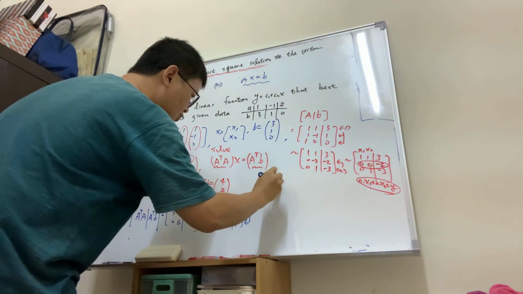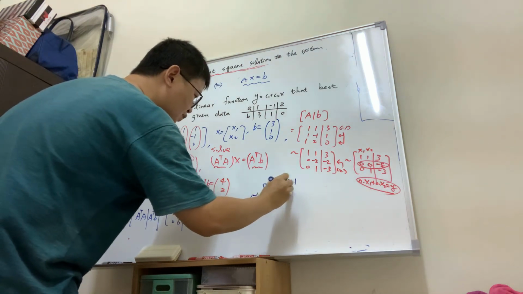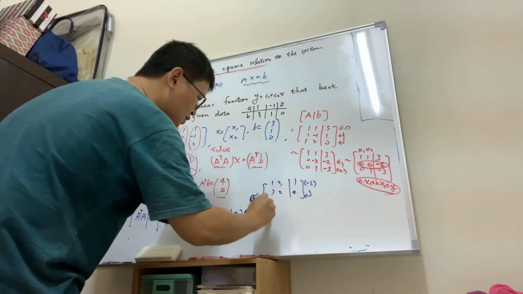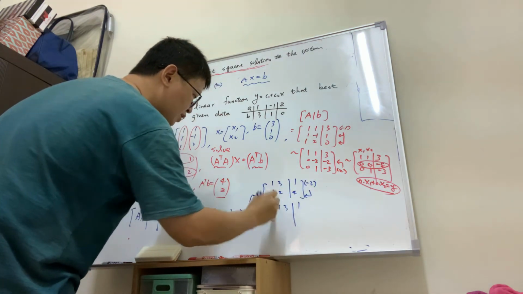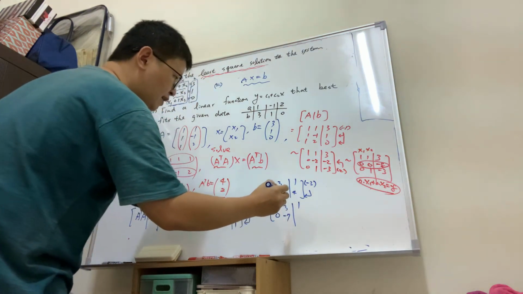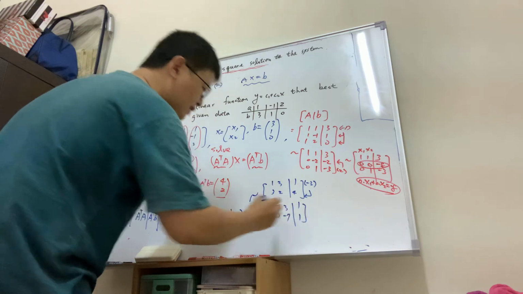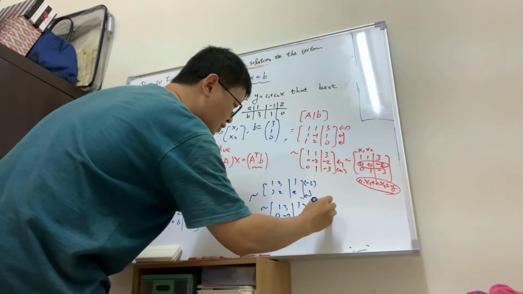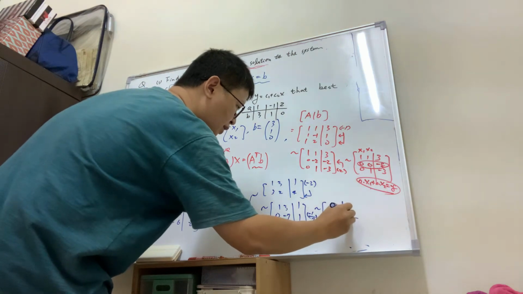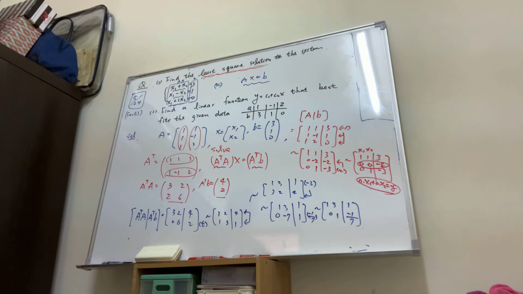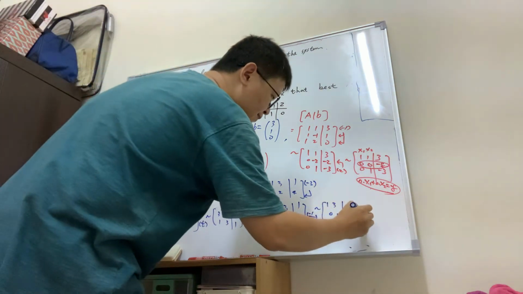Now multiply by negative 3 and add to the last row: 2 subtract 9 is negative 7, and 4 subtract 3 is 1. Multiply by negative 1 over 7, so the second row is 0, 1, negative 1 over 7. Here is just some computation.